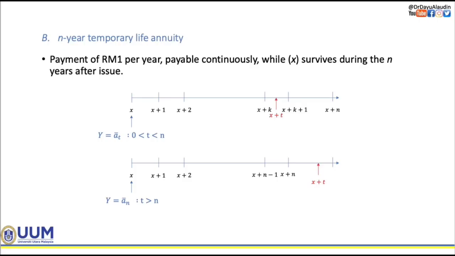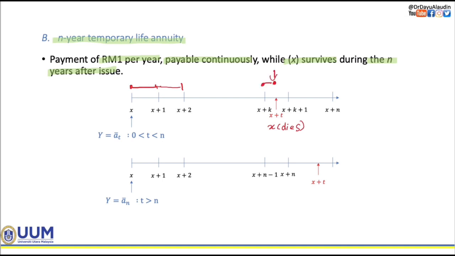Now we go to the next annuity, which is the N-year temporary life annuity. The definition is a payment of RM1 per year payable continuously while X survives during the N years after issue. Then it happens that X dies at X plus T, so the payment will stop here.